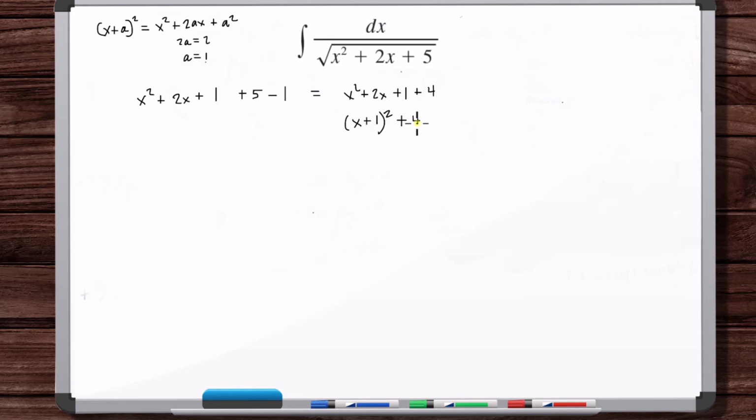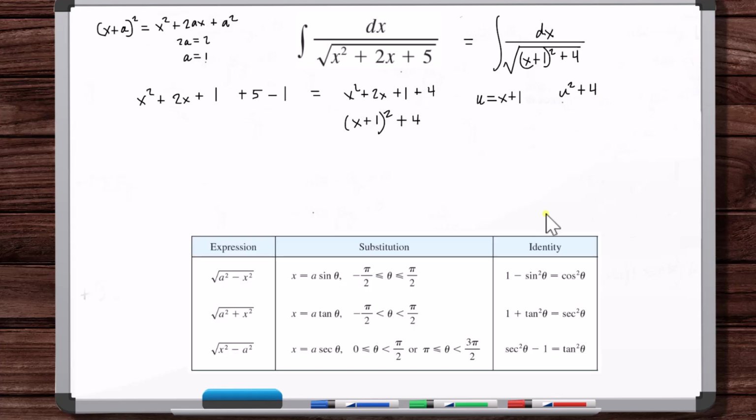Still, this isn't quite in the trig substitution form, but what we can now do is say that u is equal to x plus 1, therefore this is equal to u squared plus 4.